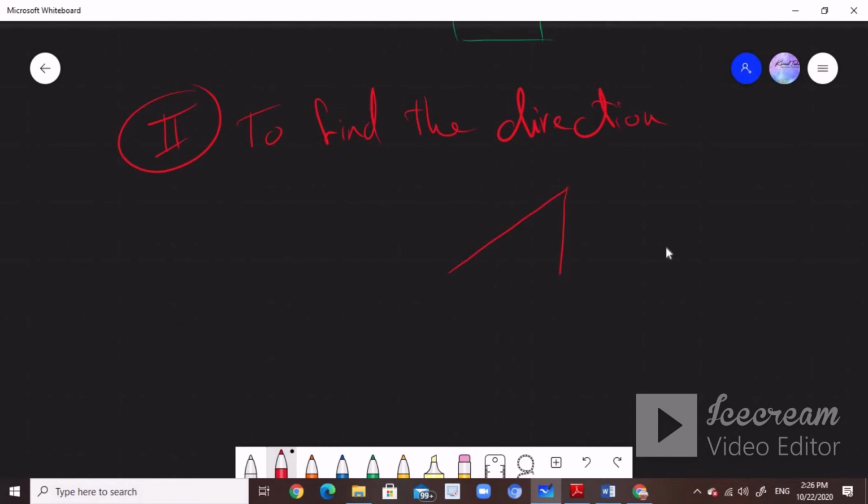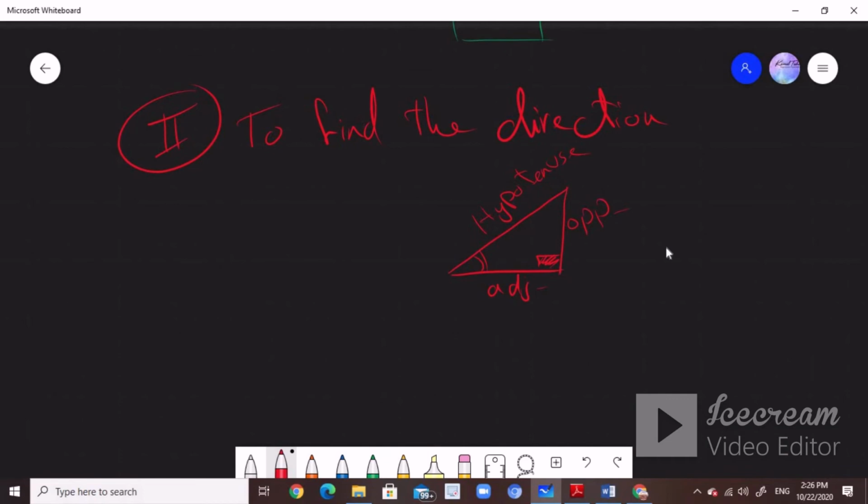That is the perpendicular angle, and that is the angle, and that is the hypotenuse, and that is opposite, and that is the adjacent. Now to find the direction, that is theta, guys.